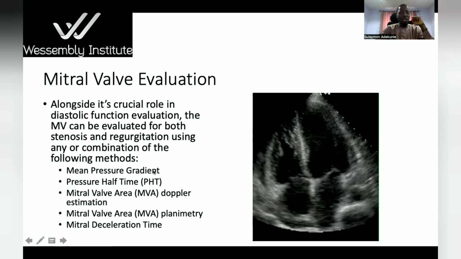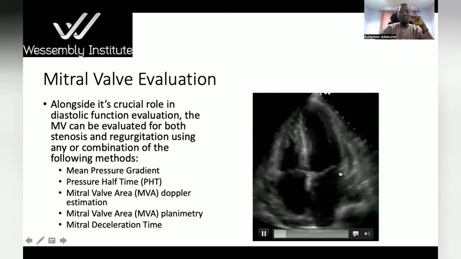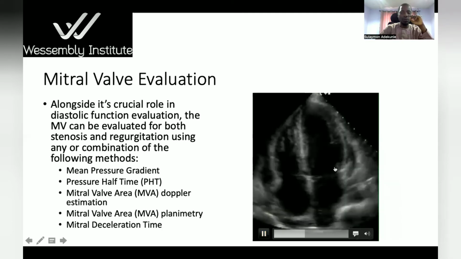We have mean pressure gradient, pressure half time, mitral valve area using Doppler estimation, MVA using planimetry, and the mitral deceleration time. Any or a combination of all of these can be used to evaluate for stenosis or regurgitation of the mitral valve. And this is the mitral valve again, coapting.